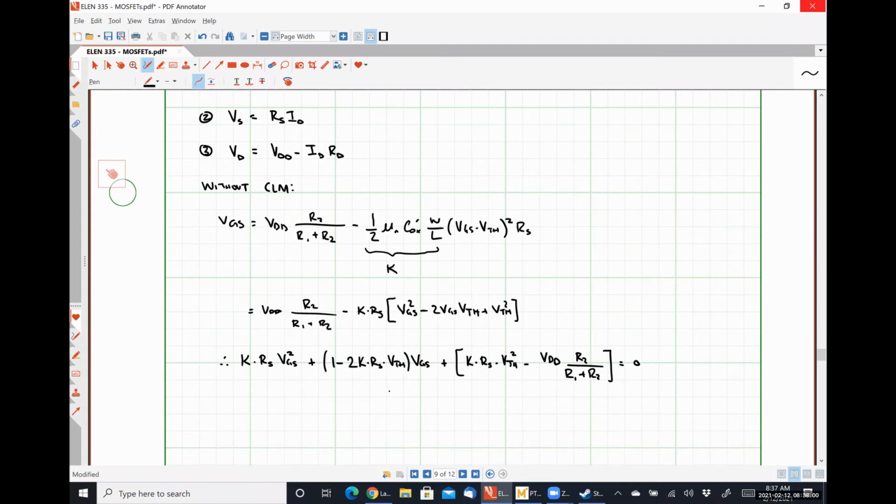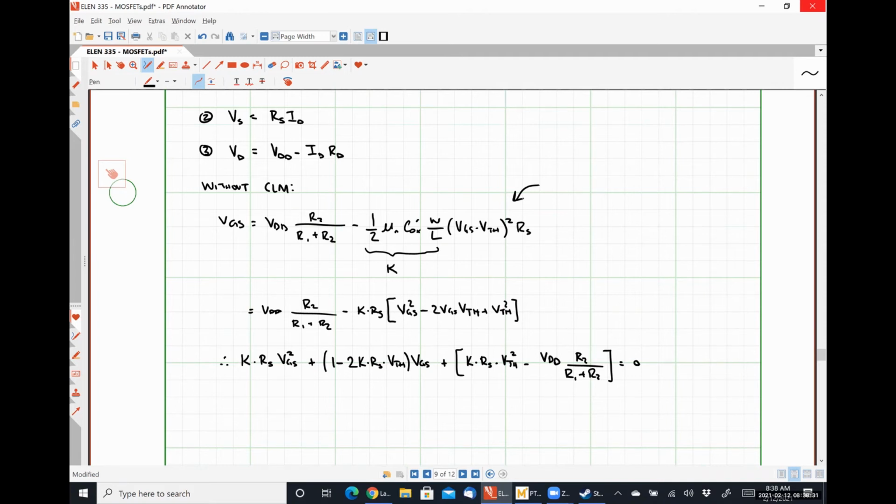Okay. So the reason why I wrote it this way is because in the previous form up here, it may not be immediately identifiable that there is a quadratic relationship in this circuit, okay? So we have a simple quadratic equation with one variable, VGS, and it's going to give us two solutions because it's a second order polynomial, right?